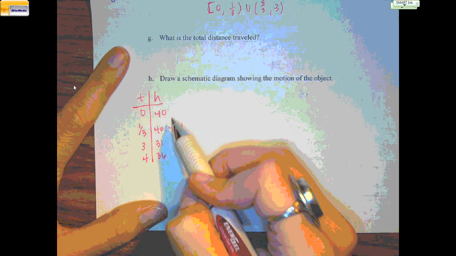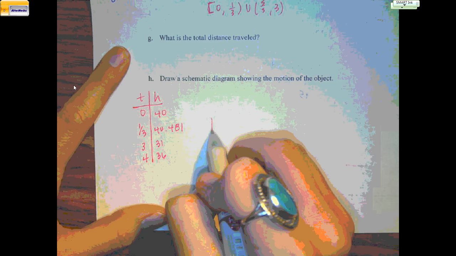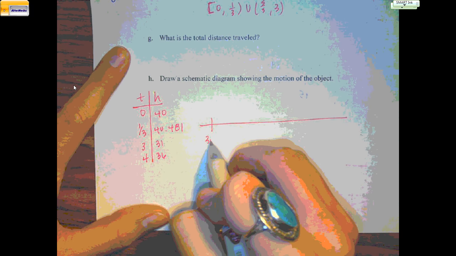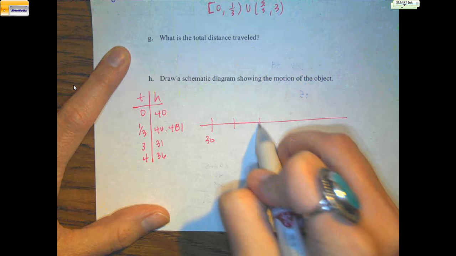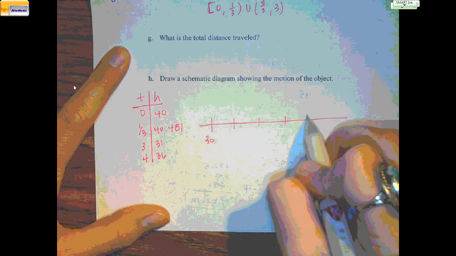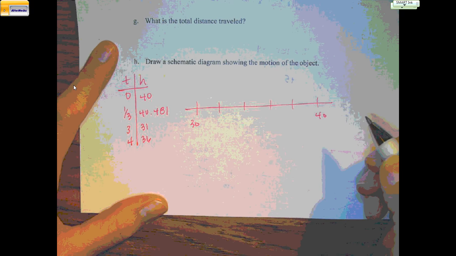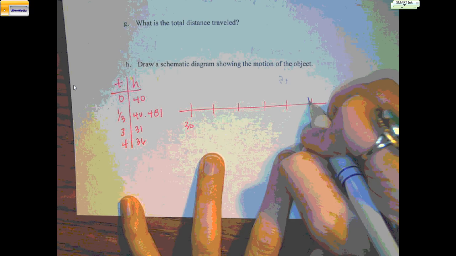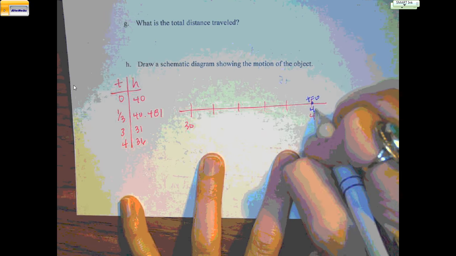My smallest number is 31, and my largest one is a little bigger than 40. So I'm going to go from 30 to 40 on a little line here. 30, 32, 34, 36, 38, 40. When t is 0, we start at 40.